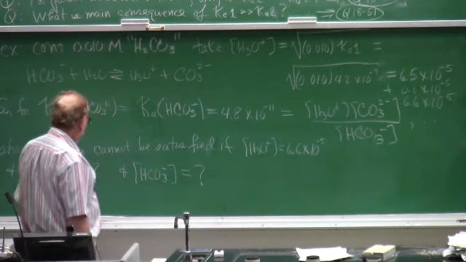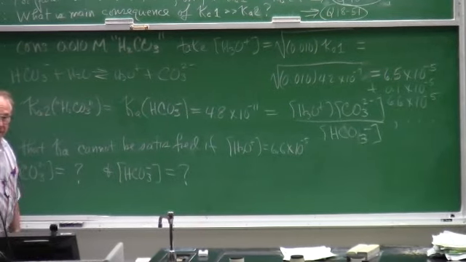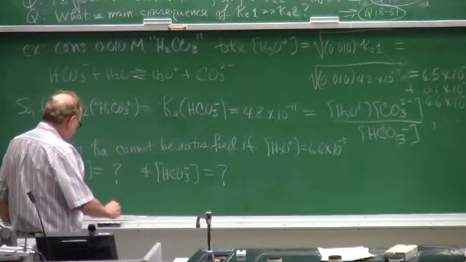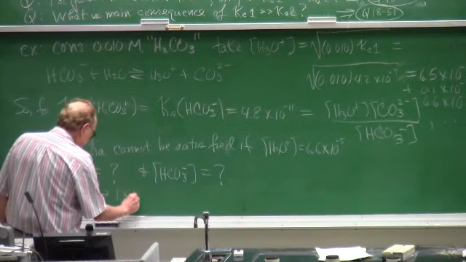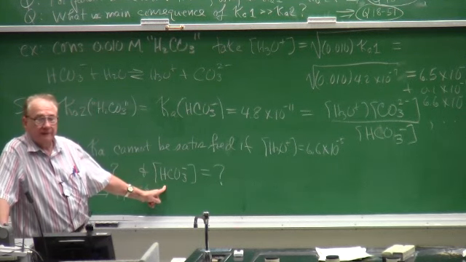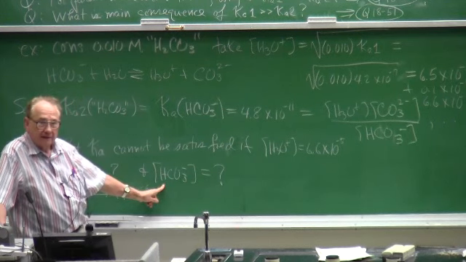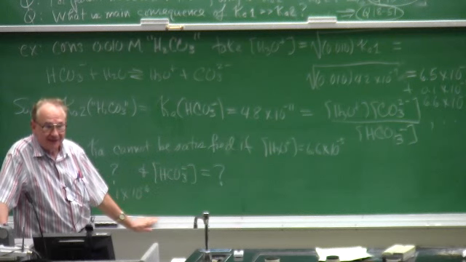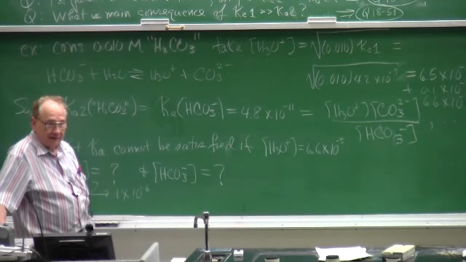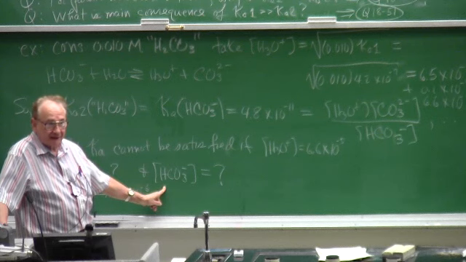Okay? Now let's go back to this. If that is true, what will the equilibrium molarity of bicarb ion become? What did the equilibrium molarity of this start at before this reaction is considered? 6.5 times 10 to the minus 5, didn't it? So this got lower if this goes. To what did it become? 6.4 times 10 to the minus 5, right?